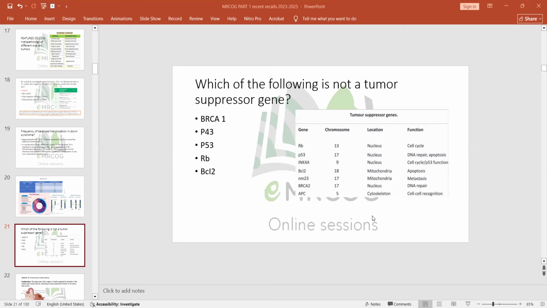When those are mutated, we are going to have a problem because they are tumor suppressor genes. This also happens with the RB, retinoblastoma, I think.